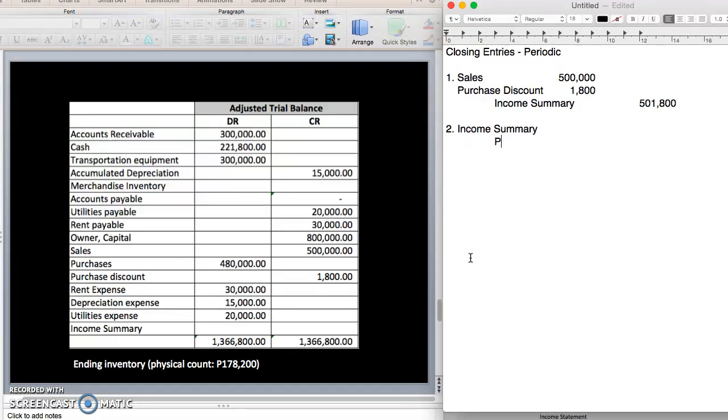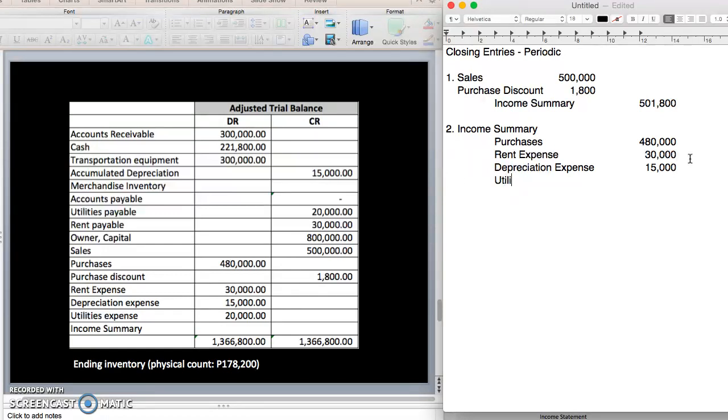Then we have purchases, 480. Rent expense, 30,000. Then depreciation expense, 15.